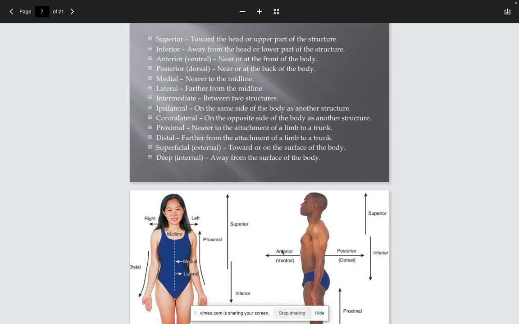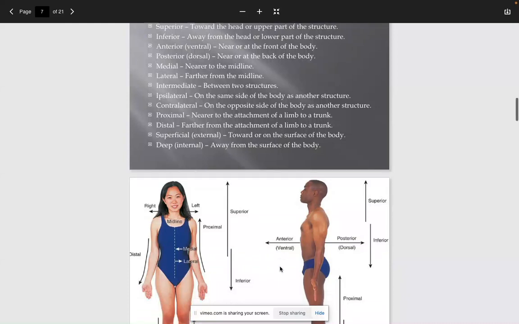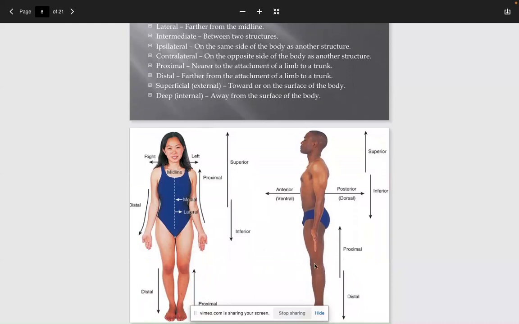Anterior is going to mean front. Posterior is going to mean back. Another word for anterior is ventral. You'll often hear that, the ventral. So they could say the ventral portion of the lower limb. Where would that be? The ventral portion or the anterior portion of the lower leg.